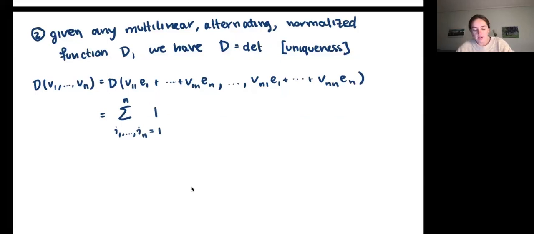Then the corresponding term will be D of V sub... okay, in the first coordinate, I'm going to have... this is tricky.